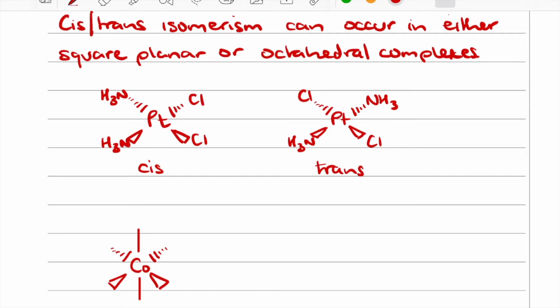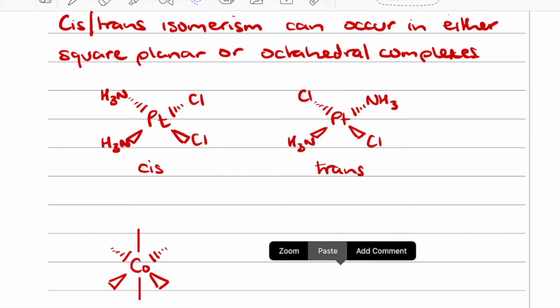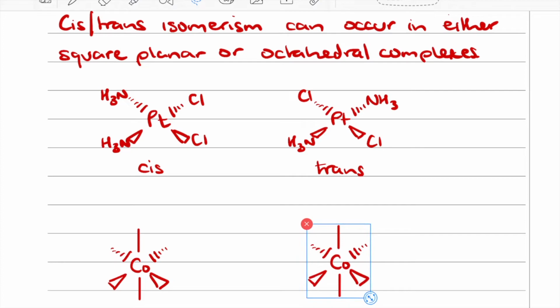Just to save myself a little bit of time in a second, I'm just going to copy that. So I've got it twice, because I'm going to have to do both the cis and the trans. Now, you've got to have a structure in which there are 2 of one ligand and 4 of another. That's how you're going to show the cis and trans.